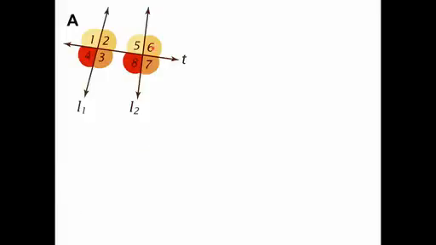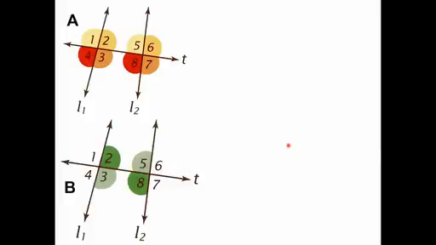Okay, try to describe these pairs, this 2 and 8 and 3 and 5. Pause it a minute and see if you can describe those two. Hopefully you tried it. Well, unlike these in A, which were on the same side of the transversal, these are not on the same side. They're on alternate sides of the transversal.